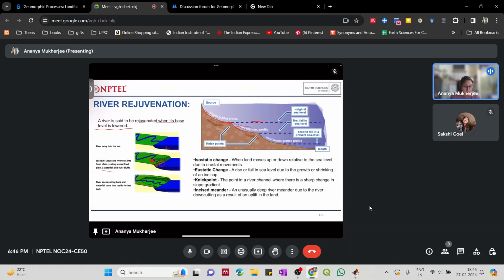So the water is going to bring more and more bigger size sediments over here, and it can deposit over here. And then if the sea level falls further down, and now you can see if this is the present sea level, you can see how the slope has changed again compared to what it was over here.